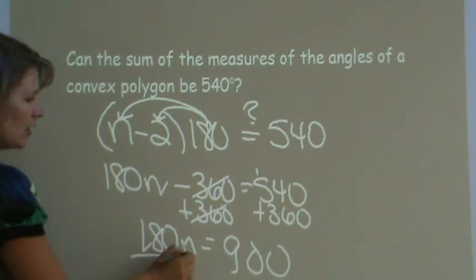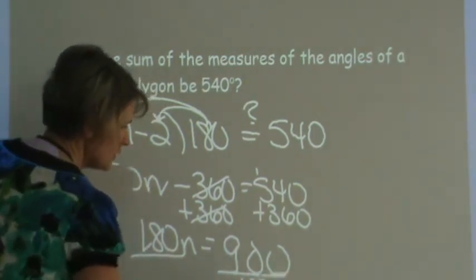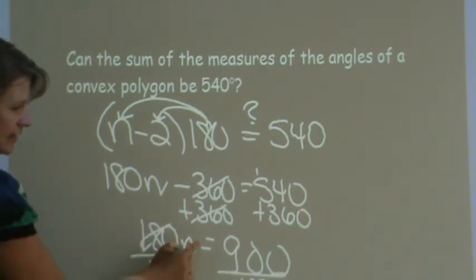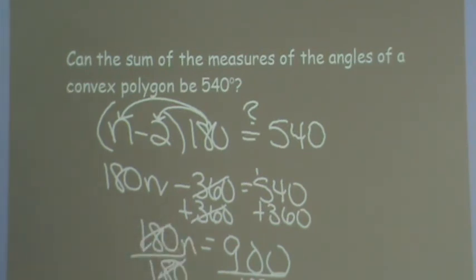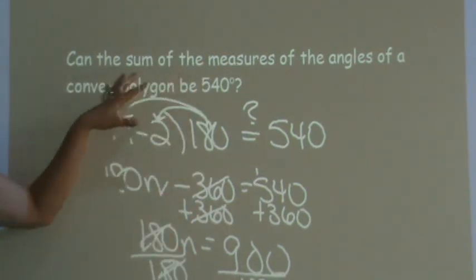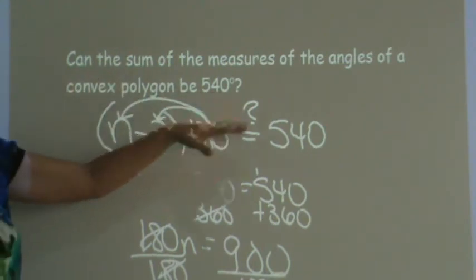So we want to know, if I divide both sides by 180, that's going to give me n by itself. So 900 divided by 180 is 5. Well, n equals 5. Great. Does that answer our question? Well, let's see. It says, can the sum of the measures of the angles of a convex polygon be 540 degrees?